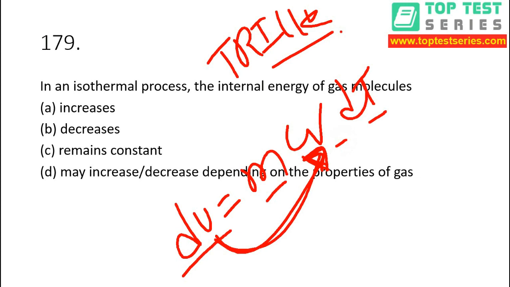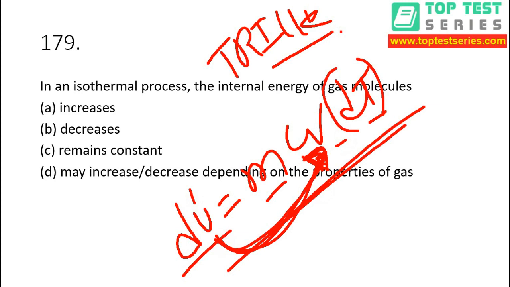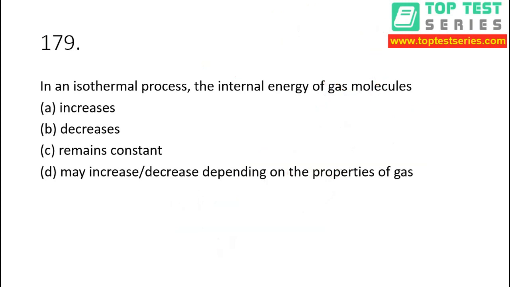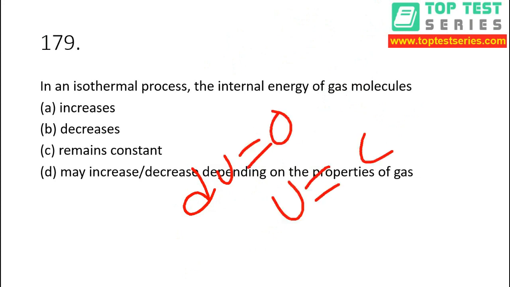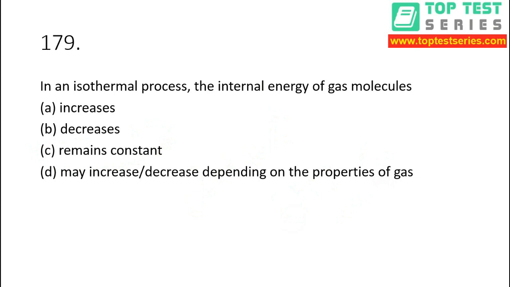In the English alphabet we get V after U. Therefore, we write dU is equal to mCv dT. So, in that case, what is happening? In an isothermal process, dT is equal to 0, right? So, what will happen, my dear? dU is equal to 0. That means internal energy would be constant, because the change in internal energy is equal to 0. Therefore, option C is the correct answer for this question.